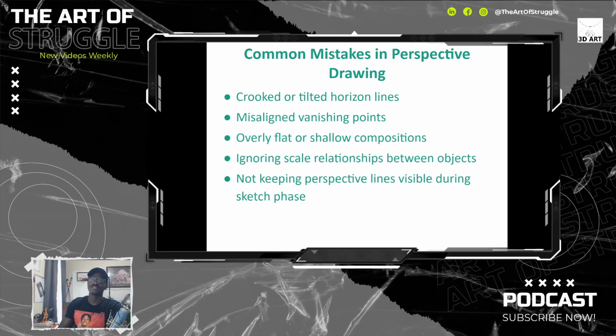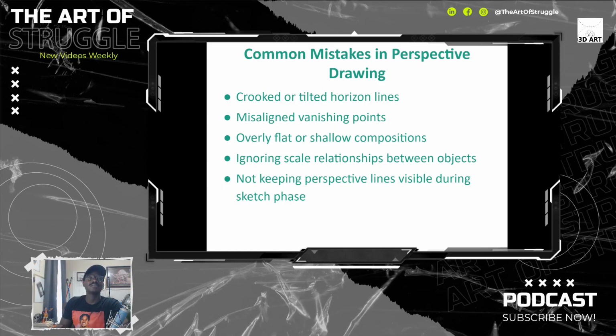If you have too flat or too shallow composition, you're not going to get any real perspective work there, because you're not going to be able to see it. So if you're just doing something that's super face on, it's going to be hard to see what your perspective is doing.